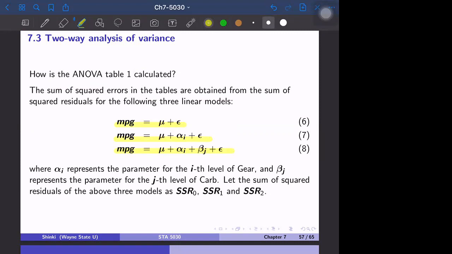And how do we calculate this ANOVA table? Basically, we use the sum of squared residuals for these three linear regression models. We call the sum of squared residuals for the first one SSR0, the second one SSR1, and the third one SSR2.